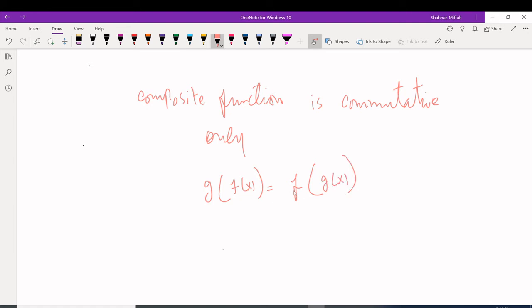If both of them are equal to each other, then this is commutative, or they have the same domain. These are the only two things that you need to understand. If you have both of them or one of them, then the function is commutative.